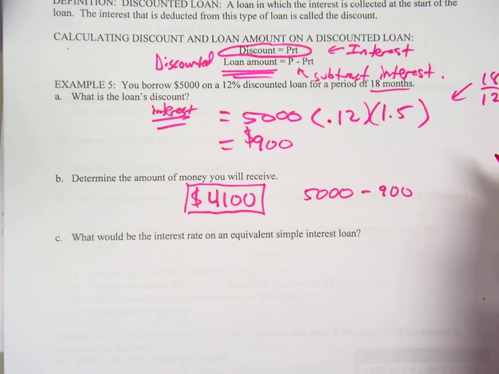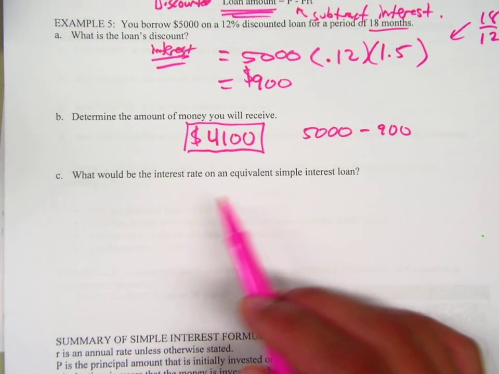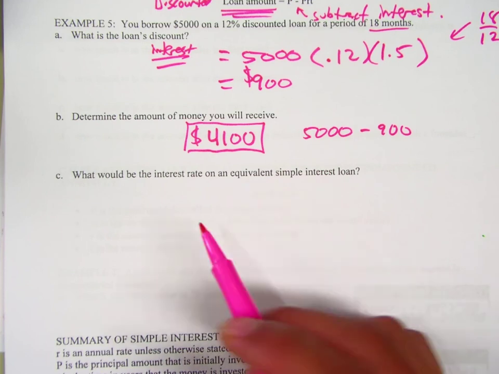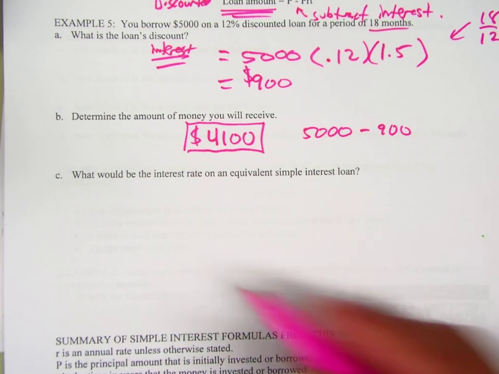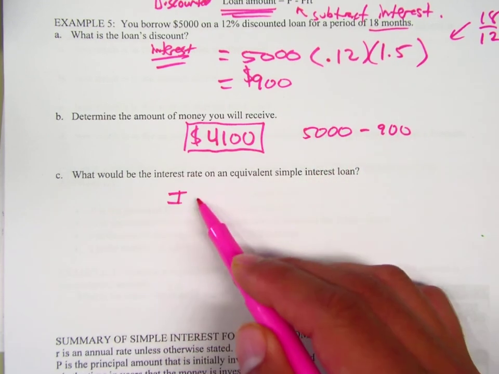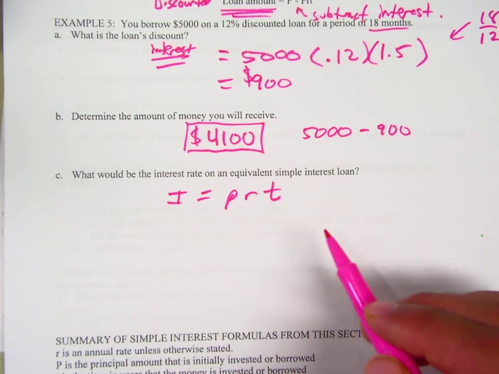Okay. The final question would be, let's say this was not a simple interest loan, and we actually just requested $4,100, and $5,000 is what we end up paying later on, right? So now what we would do is say interest equals PRT. You could also use the other equation, but we still have $900 in interest.